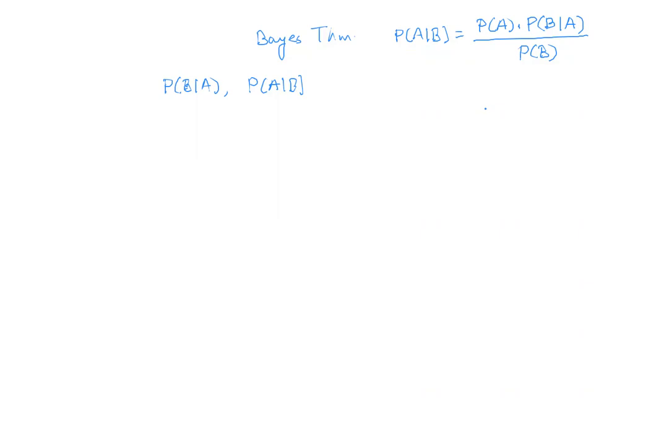Then we talked about probability of an email being a spam given presence of certain words. So probability of an email being a spam mail given that certain words like dollar, sale, promotion, etc. are present in the email. So some things are given, some things you know, but there is something that you don't know.